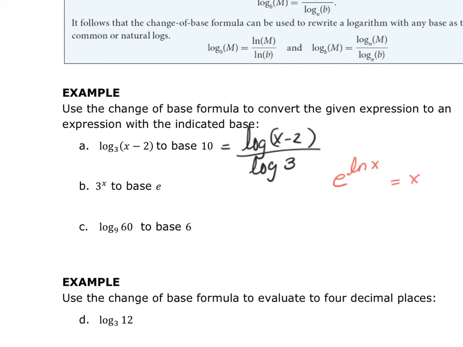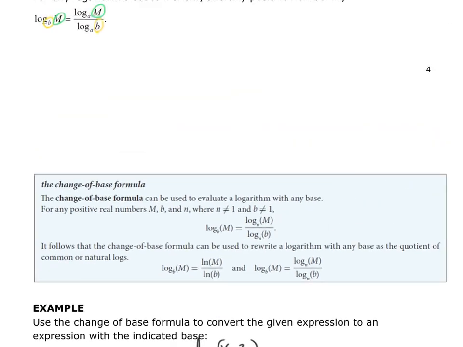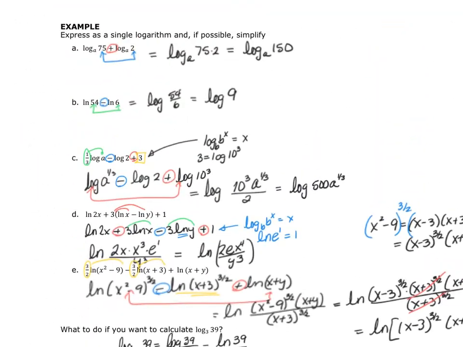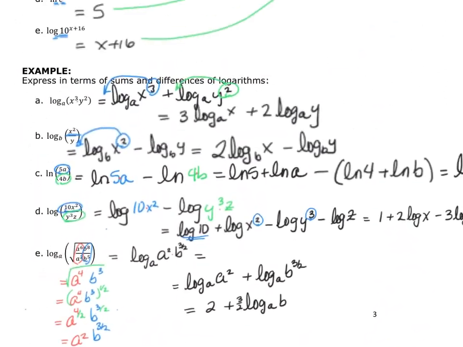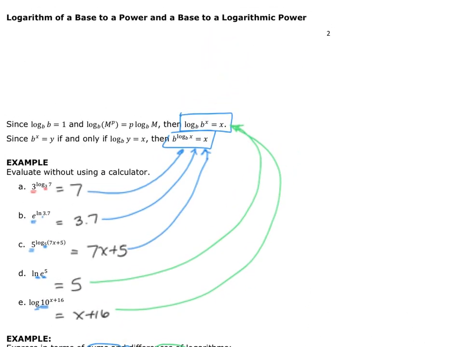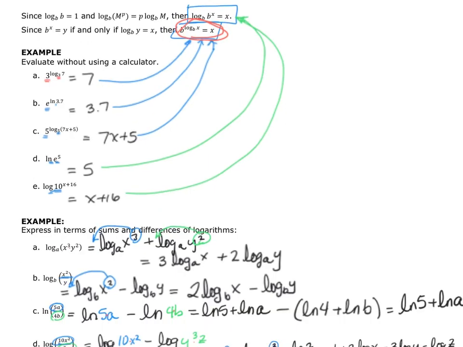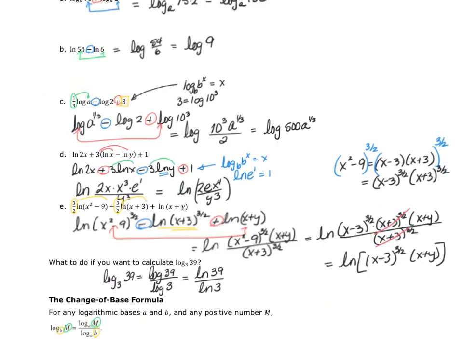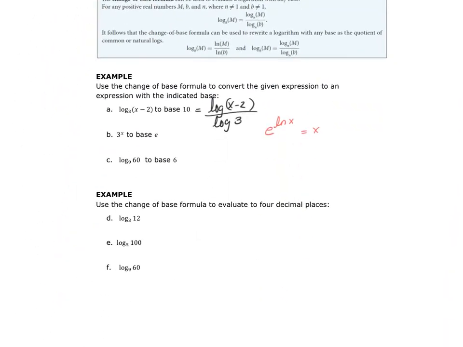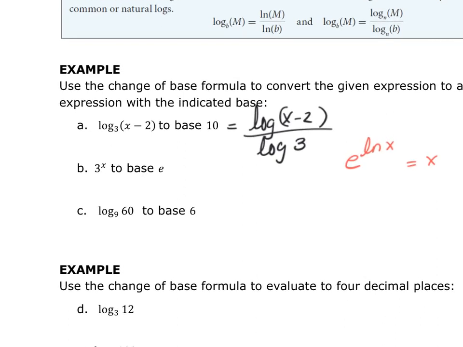And that's going back to those ones that we did way up here. I'm going to use this rule right here. And so I'm going to rewrite, and you'll see this on your homework, 3 to the x as e raised to the natural log of 3 raised to the x. And now I have a base e.